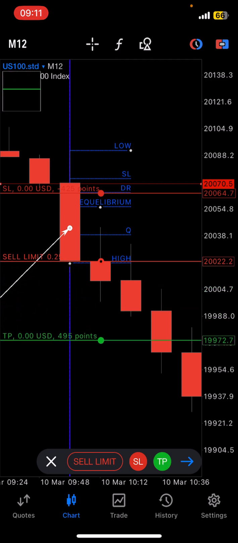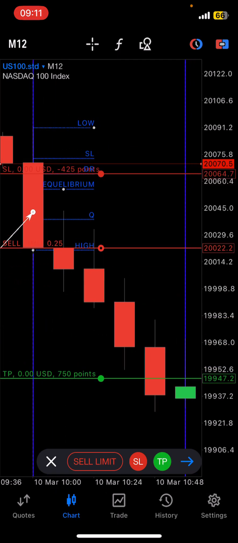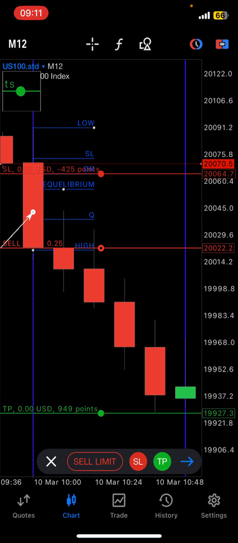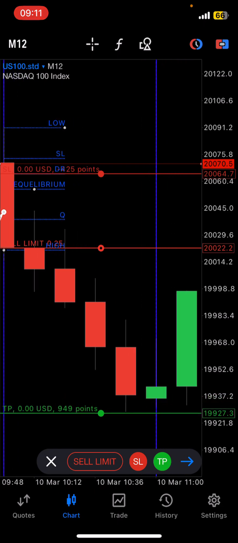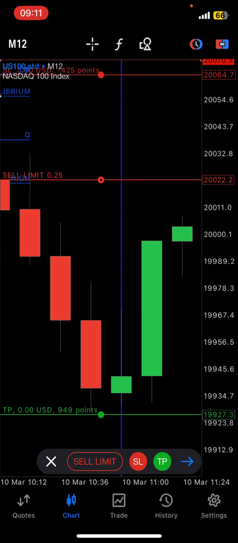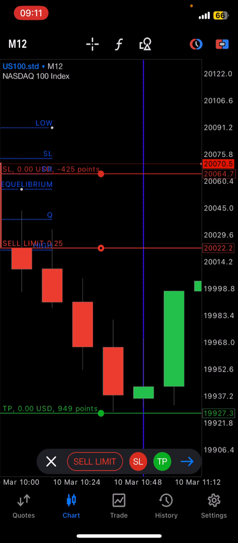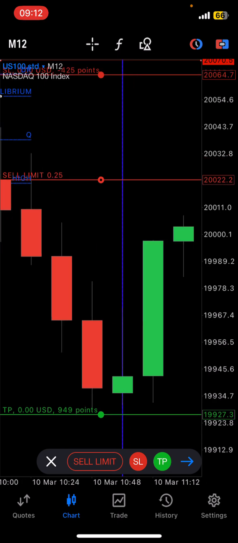And then how many points do we get out of this move? A lot of points, as you can see. We would have reached 400 points, so we expected to get more out of this move, so we got more. That's still a 1:2, right? That's still a win. A win is a win.